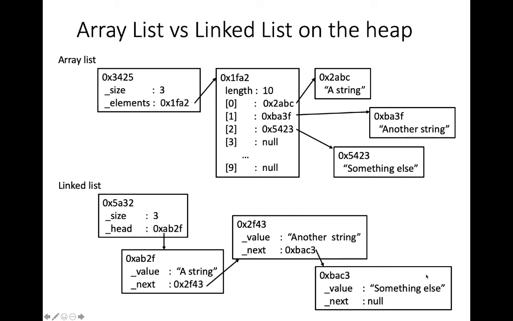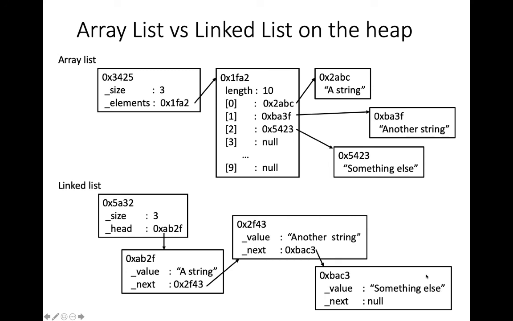And if you think about it, how do we insert something at a particular position? You have to walk the list. With the array list, I could just index into the array. With the linked list, if I want to get to the second thing or the fourth thing or the fifth thing, I have to start at the head, keep track of where I am, and walk next, next, next, next, keeping track of which index I'm at until I get to the spot in my chain.